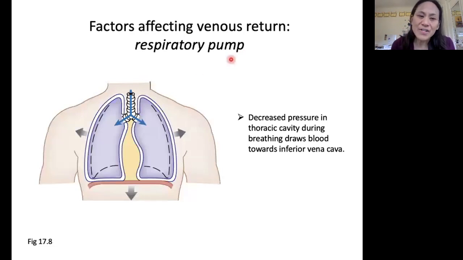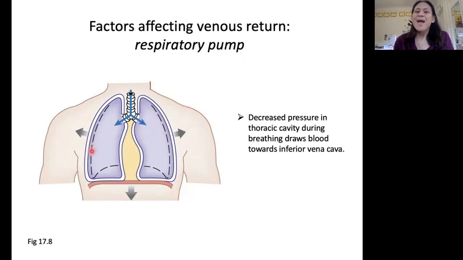Okay, next factor that's going to affect venous return is the respiratory pump. I'm not going to go into great detail about this here, but as we breathe, during some parts of our breathing, we create a subatmospheric pressure in the thoracic cavity.